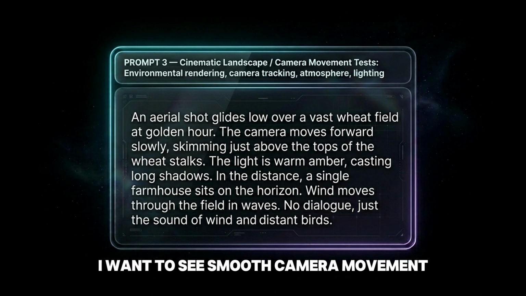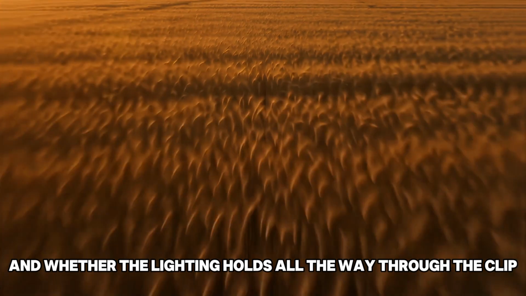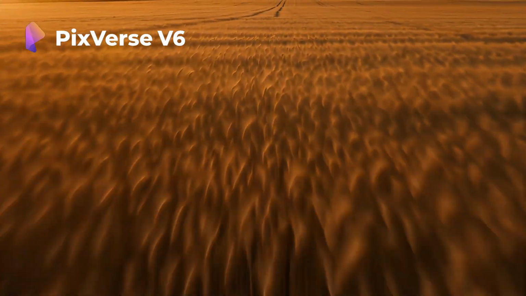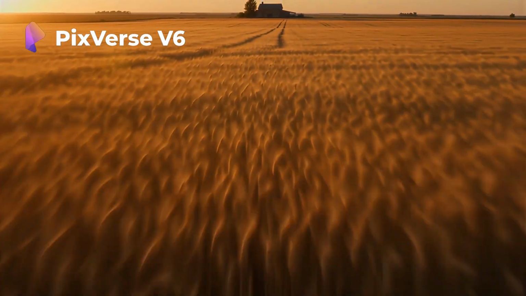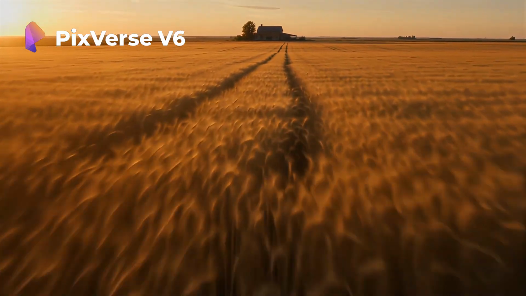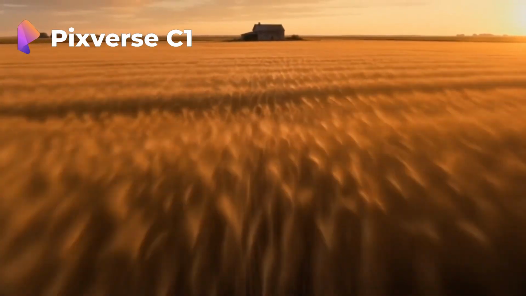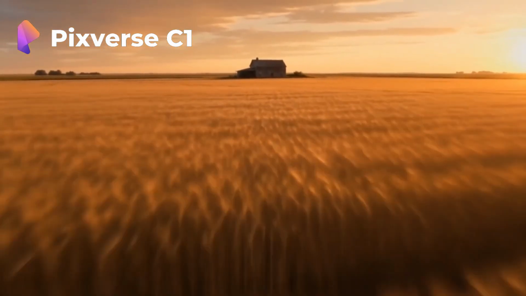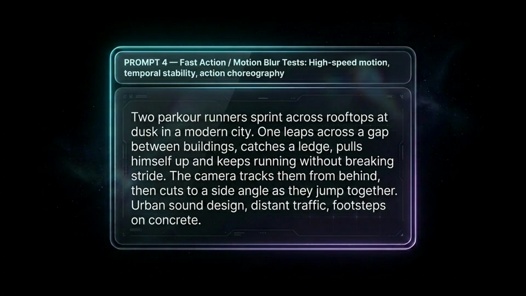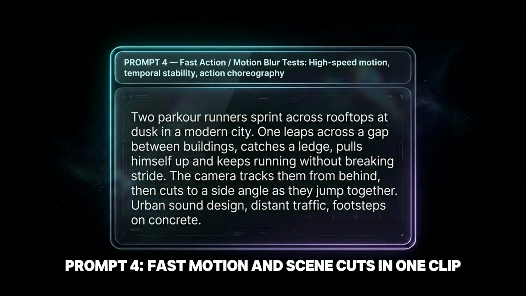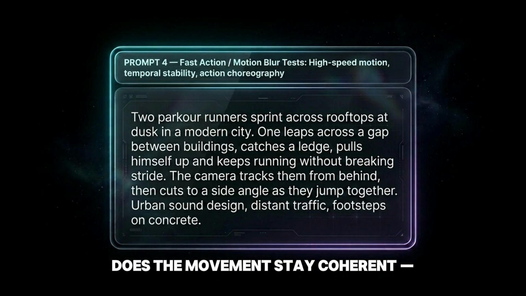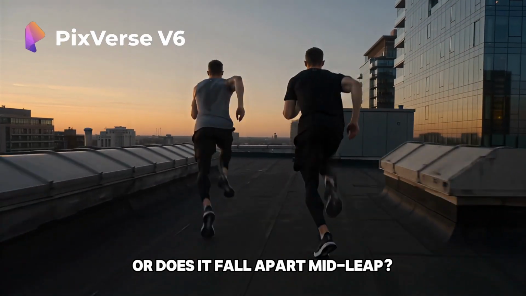I want to see smooth camera movement and whether the lighting holds all the way through the clip. Prompt 4, fast motion and scene cuts in one clip. Does the movement stay coherent or does it fall apart mid-leap?